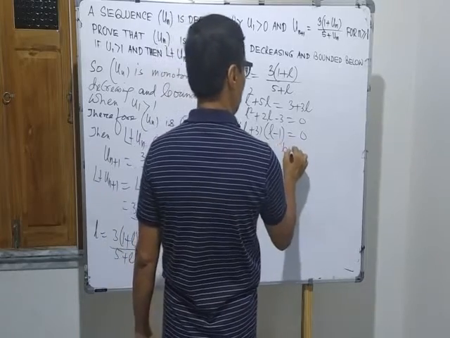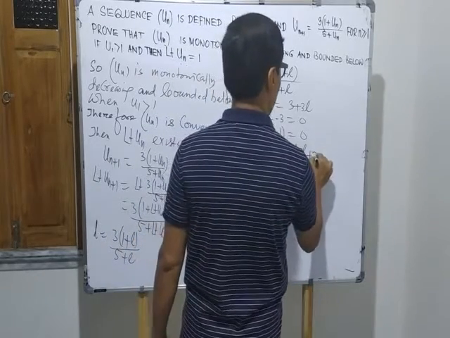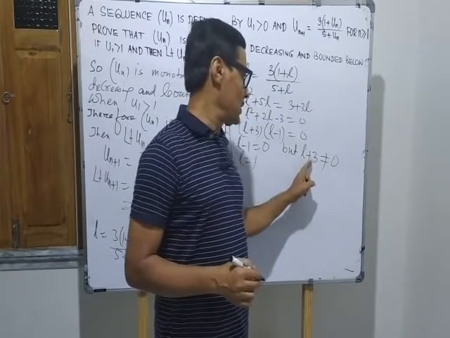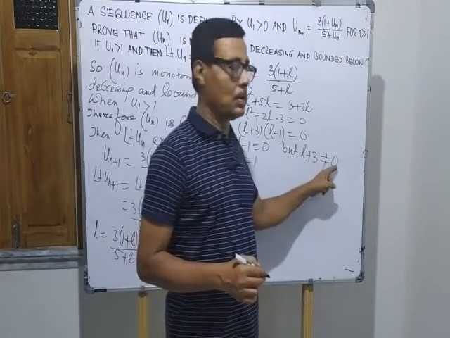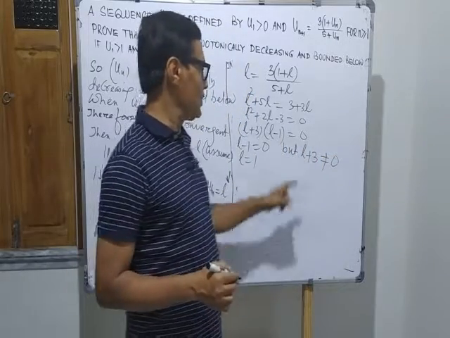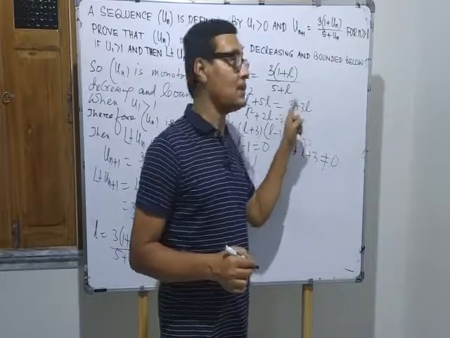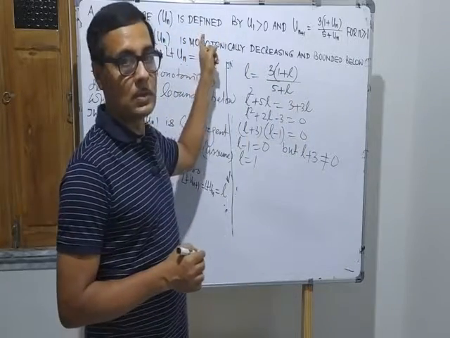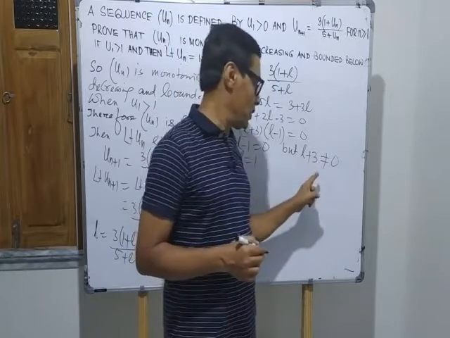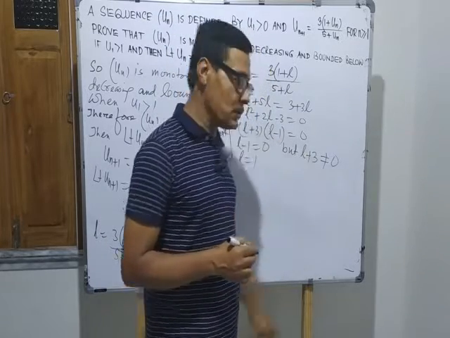If we assume L plus 3 equal to 0, then L equal to minus 3, which cannot be possible because L is positive, as all terms of the sequence are positive, so the limit will also be positive.